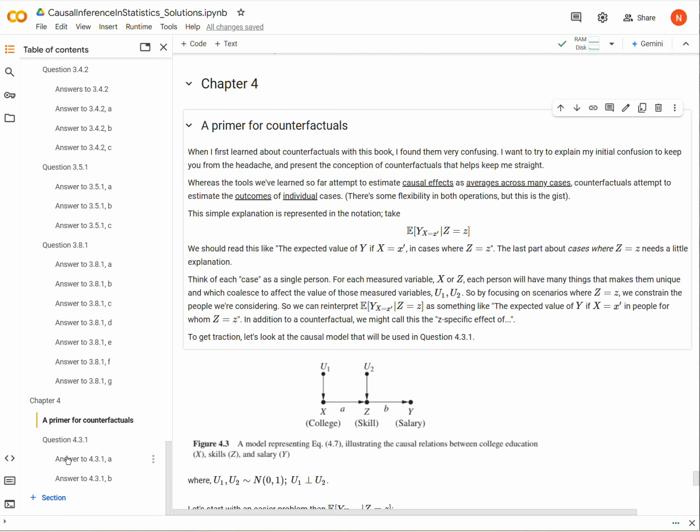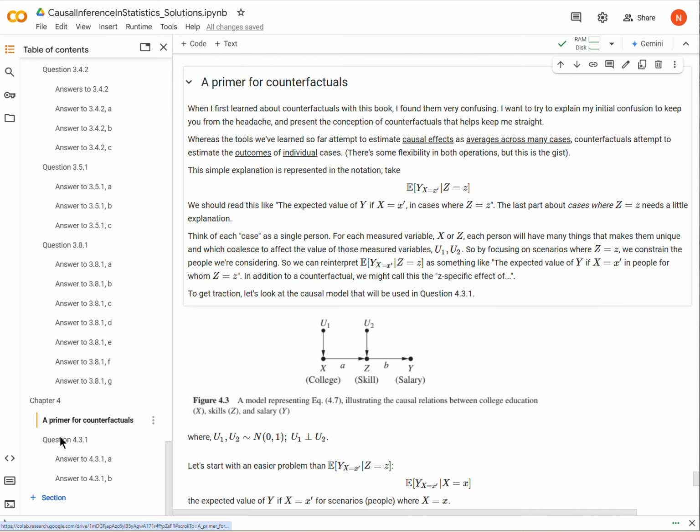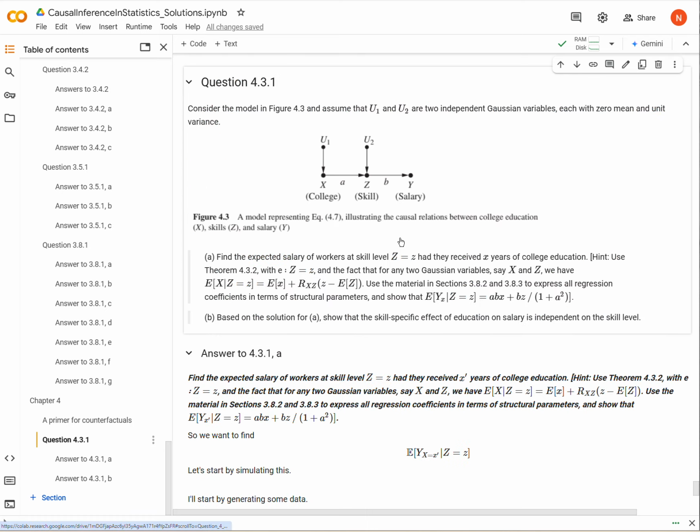So before we get into the questions, question 4.3.1 being the first one, I want to offer just a little bit of a primer, a little bit of runway that we can use to gain some momentum going into the first question.